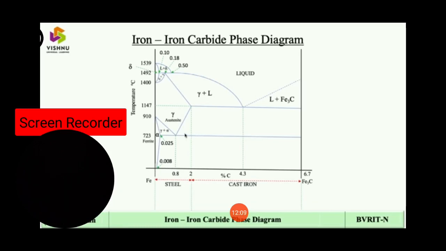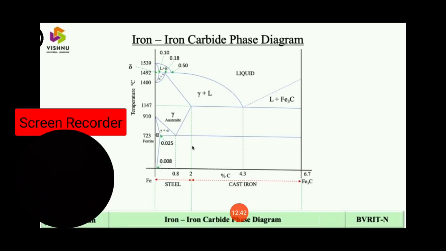To be precise, it is 0.008 to 2% that is steel. Cast iron is very brittle, so maximum we may use up to 4.6 to 4.8, we will not even go up to 6.7. So this is the steel definition in terms of carbon composition: 0.008 to 2% of carbon is called steel, and 2 to 6.67% of carbon is called cast iron.